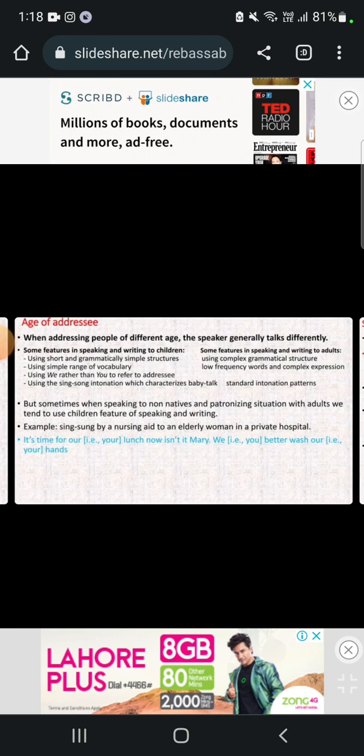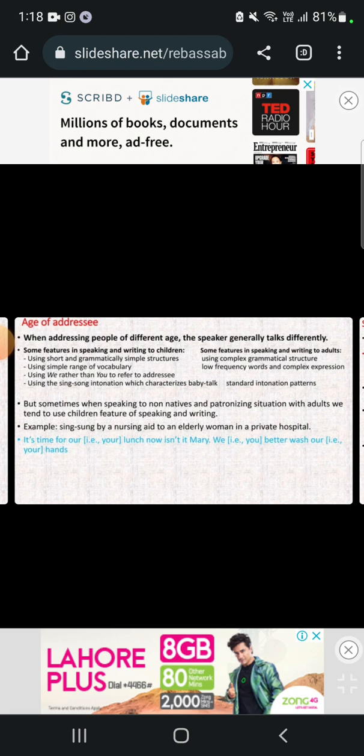The age of the addressee is very, very important. When you are speaking to somebody, you will consider his age. Even when somebody is speaking to children, he will use certain features in speaking and writing: short and grammatically simple structures, simple vocabulary, using we rather than you, and sing-song intonation characterized by baby talk.